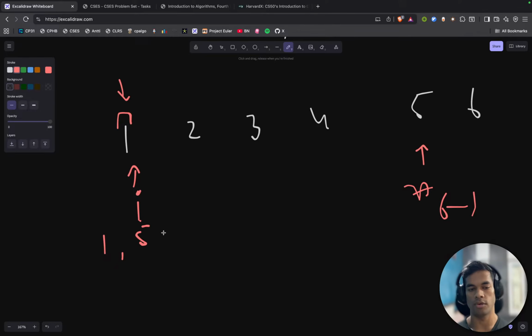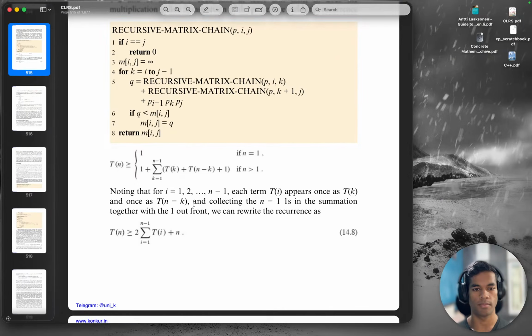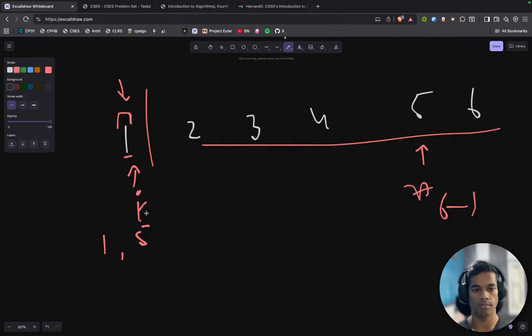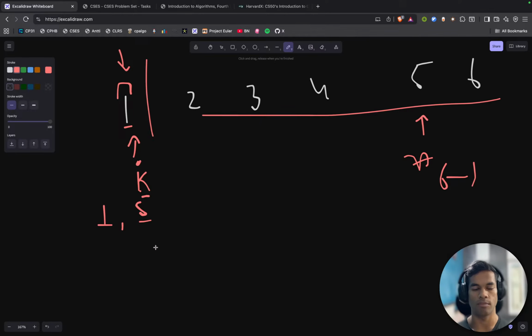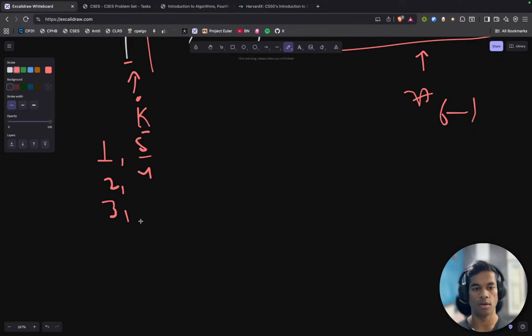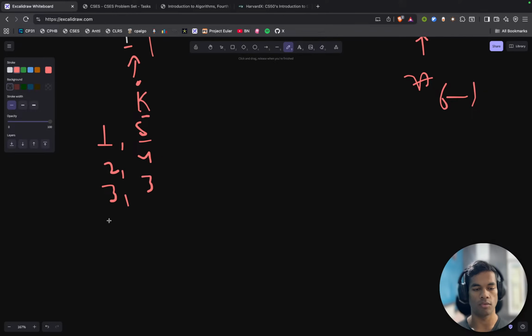So first we called the function for 1 and 5 when this is the point where we are splitting the whole thing, for k and n minus k. Let's call this k. When k is at 1, we are calling the function for 1 and 5. When k equals 2, we are calling the function for 2 and 4. When 3, for 3 and 3, when 4, then for 2, and 5, then for 1.